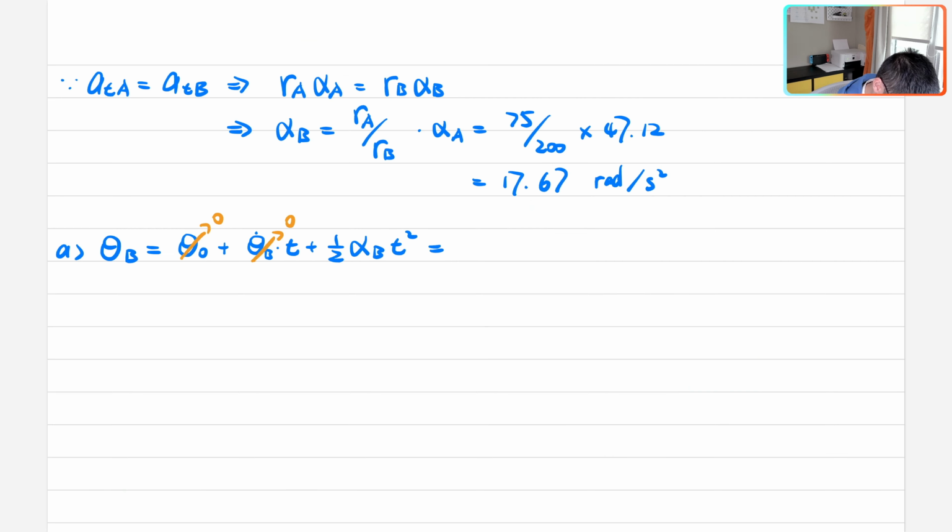We have 1/2 times 17.67 times 8 squared, which is 565.44 radians, and we'll divide this by 2 pi to get 90 revolutions rotated in 8 seconds.